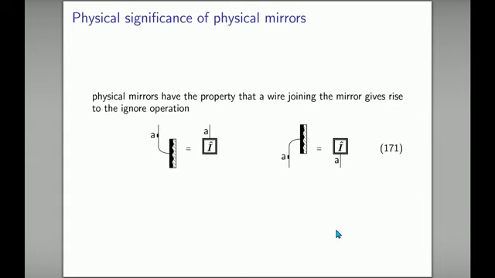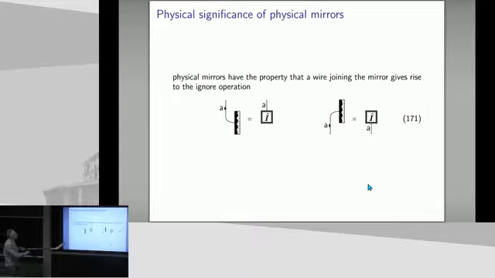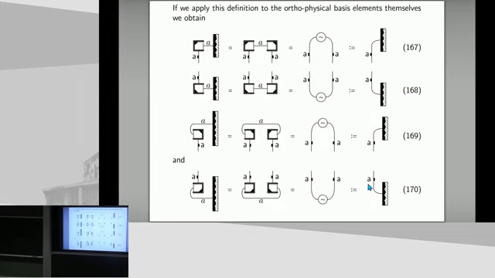Okay, so physical significance of physical mirrors. Physical mirrors have the property that this is true. This is just by definition. This is the same equation I had earlier when I defined the mirrors. I should show you. See, remember, this is just the ignore operator.